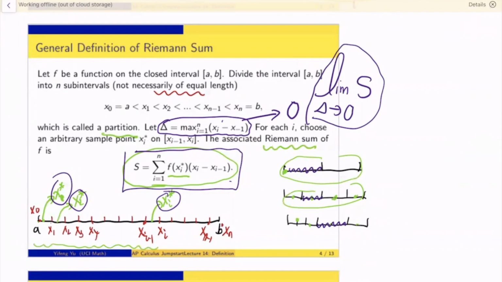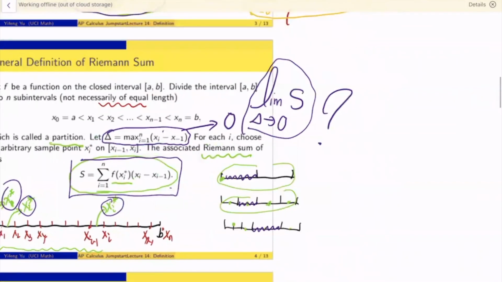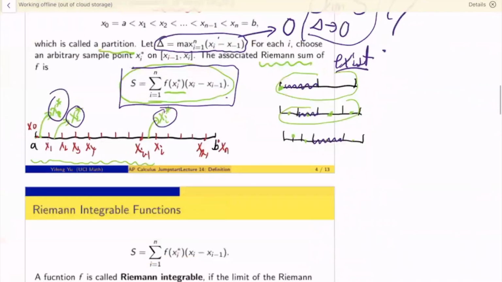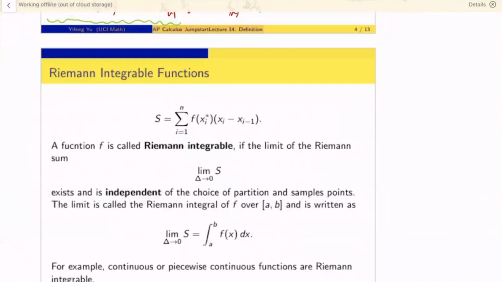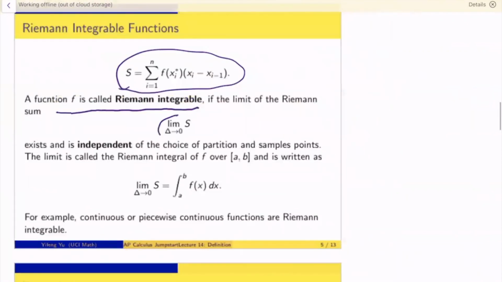Now the question is, mathematically speaking, can we guarantee the limit will exist? Well, that's not completely obvious, but we say, suppose we have this Riemann sum, and we say a function is Riemann integrable if the limit exists.